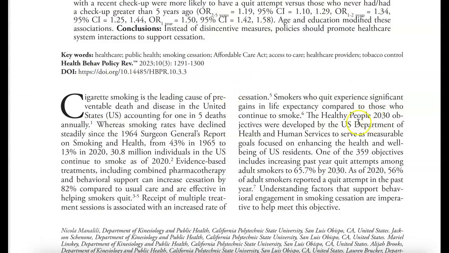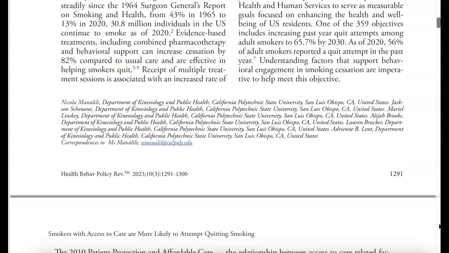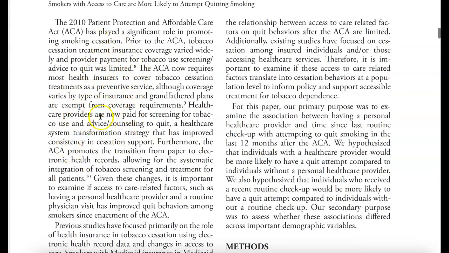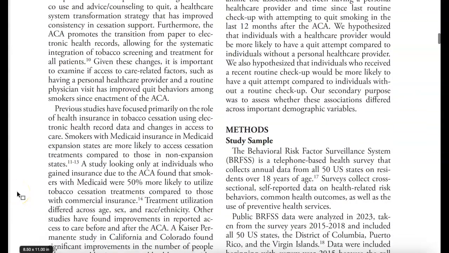It also notes the Healthy People 2030 goal of trying to reduce tobacco use. And it also gives some important background information on the topic, talking about, for example, the Affordable Care Act and all of the things that are now required now that the ACA has been passed and implemented.